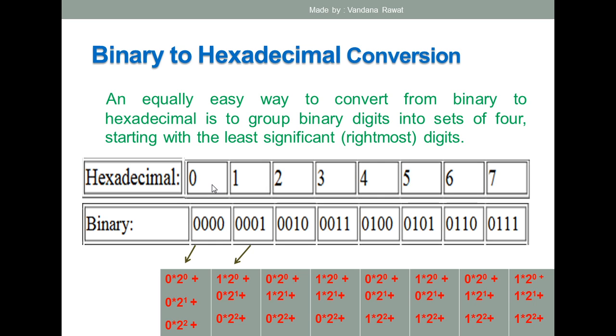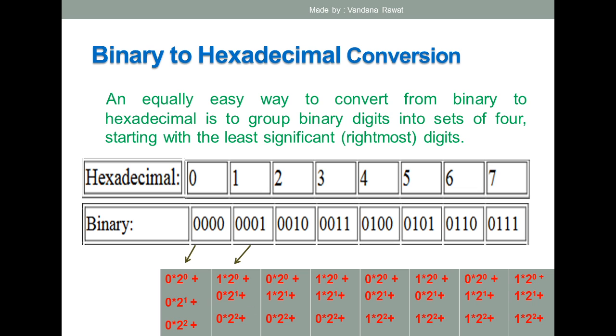Just like that, I am checking the binary equivalent of 1 also. We start from the least significant bit, so I am multiplying that digit, which is 1, with 2 to the power 0, plus 0 into 2 to the power 1, plus 0 into 2 to the power 2, plus 0 into 2 to the power 3.